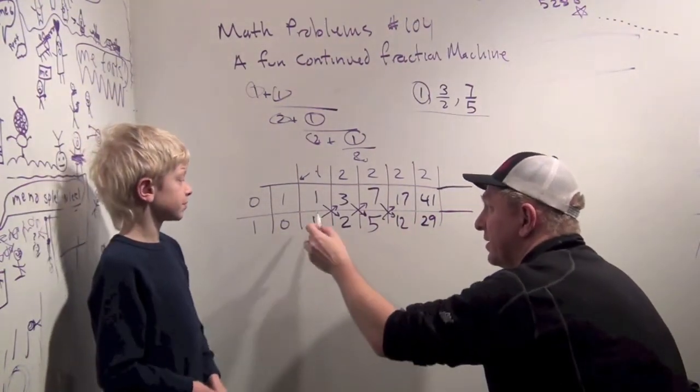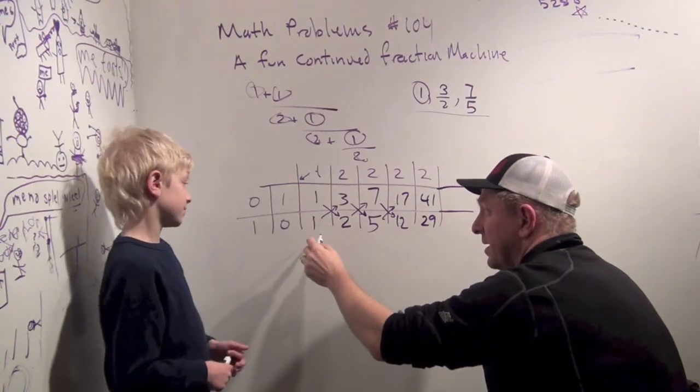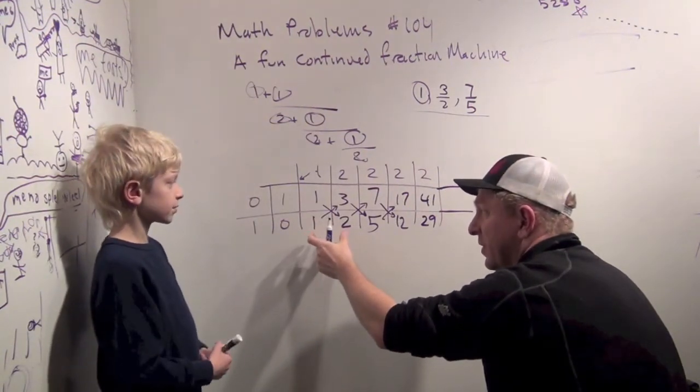Here's another amazing thing about these particular numbers. I'm going to square them, and multiply the bottom by 2 after I square it.